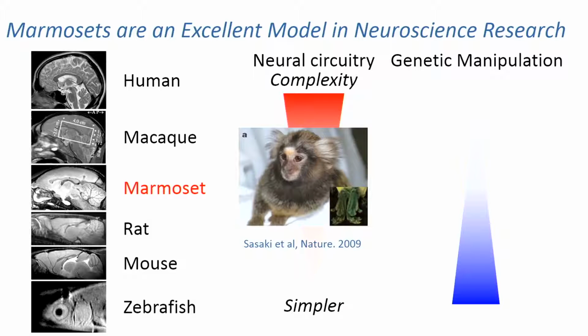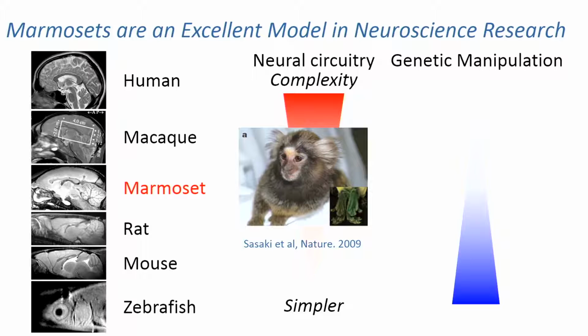And this comes from a seminal work by the group of Erika Sasaki and Hideyuki Okano in Japan, who demonstrated in 2009 that it's possible to generate transgenic marmosets. In this case, this was a proof of concept that showed a GFP expression throughout the entire body of the animal.